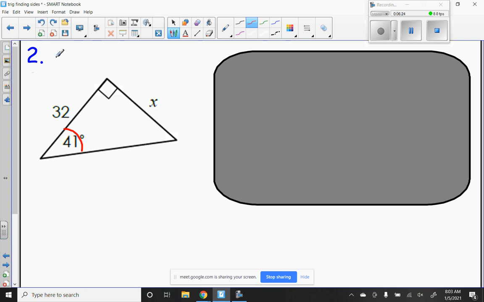To identify the pieces that are provided, x is in our opposite spot, so I'm going to put an OP up here. This down here is the hypo because it's across from the 90. So if this is the hypo and this is the opposite, this has to be adjacent.